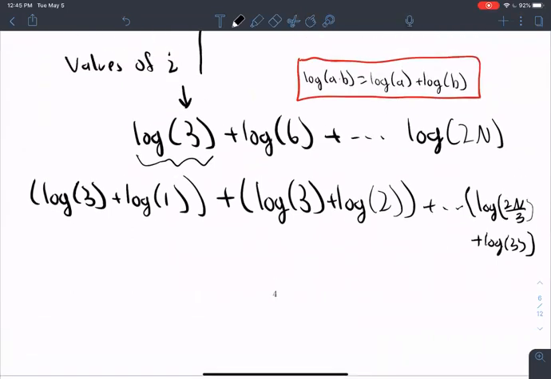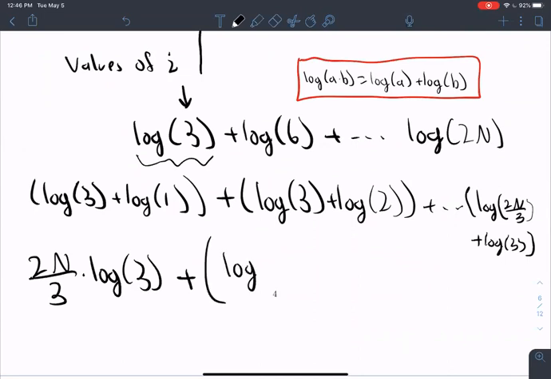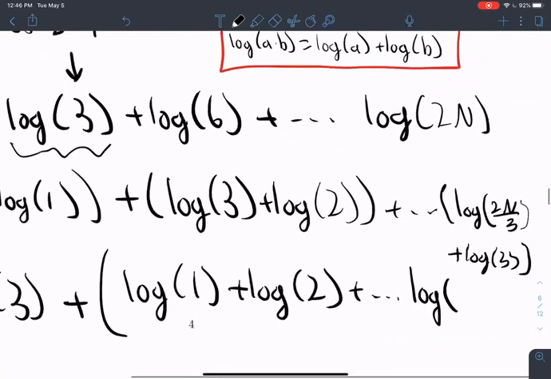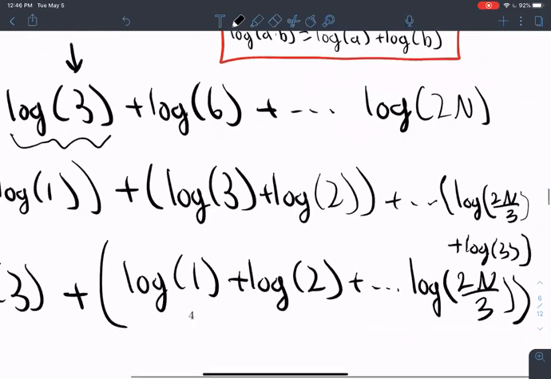It's going to be 2n over 3 times log of 3, because each term has log 3 in it, and there are 2n over 3 terms, plus log of 1 plus log of 2 plus 3, log of 3, and so on, all the way until log of 2n over 3.